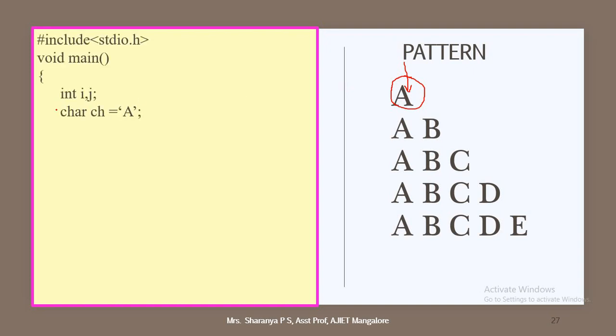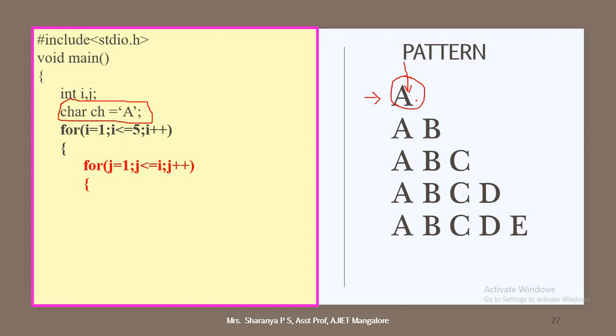And here we will use one initialization. We will use ch as a variable, which I have set to 'A' because this is the pattern which I need to begin with. And next I will run this loop till 5, since there are a total of 5 rows. And the second for loop is exclusively used for printing the content.